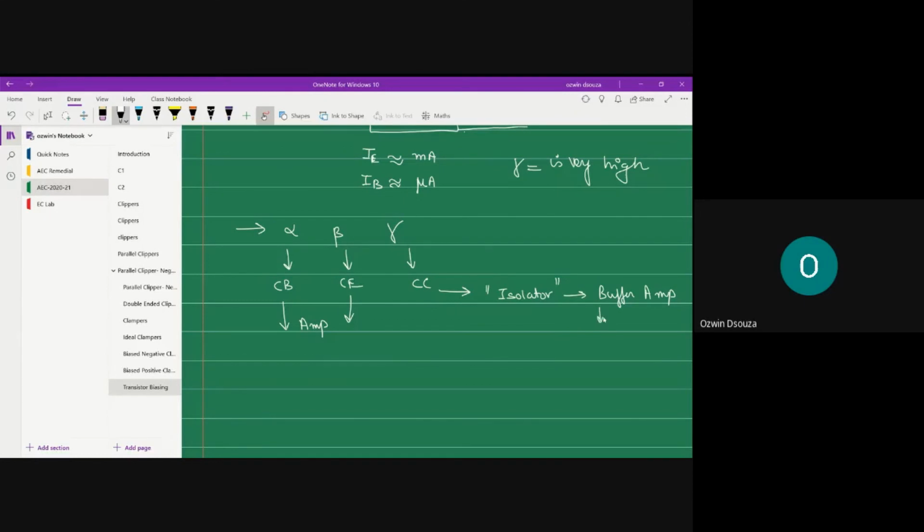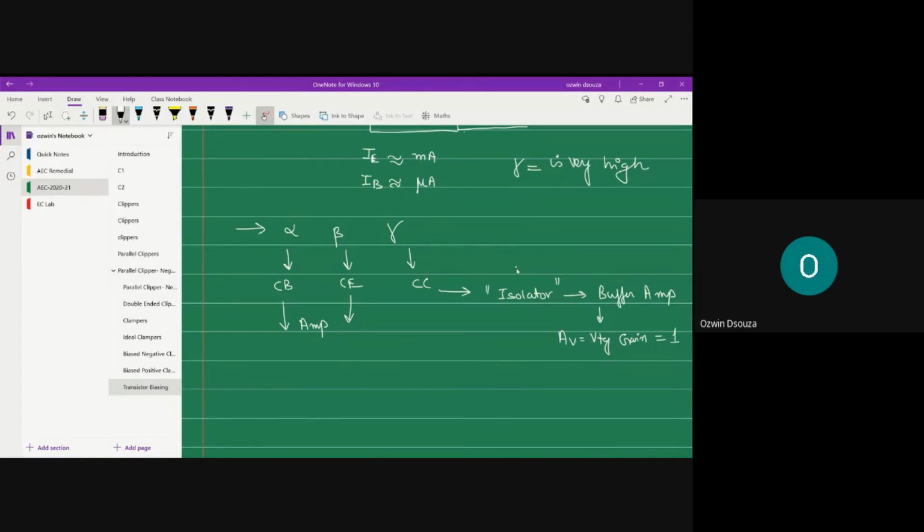AV is taken as voltage gain and AI is taken as current gain. It gives voltage gain almost equal to unity. That means if your input signal is 1 millivolt, your output signal is also 1 millivolt. So it doesn't do amplification, but it does the job of an isolator.